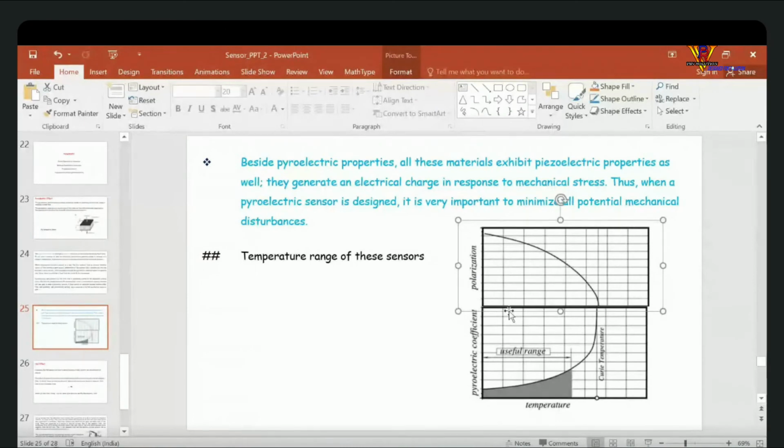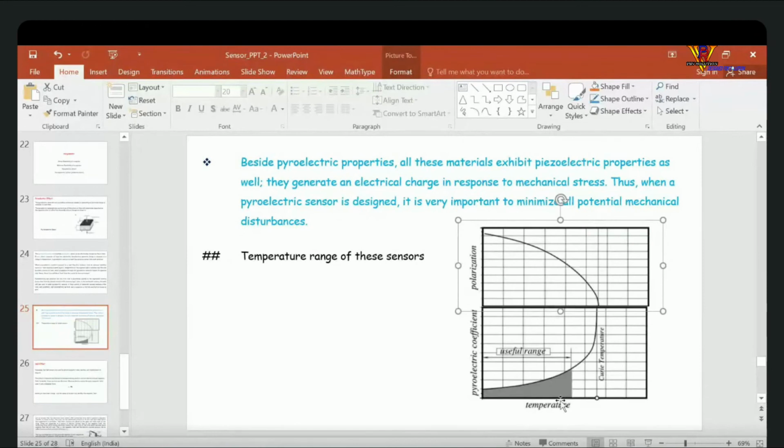When temperature increases, what happens to the polarization? Polarization means accumulation of charges on one plate and on the other plate. For some range it remains constant, then it will increase, and after that it will decrease.